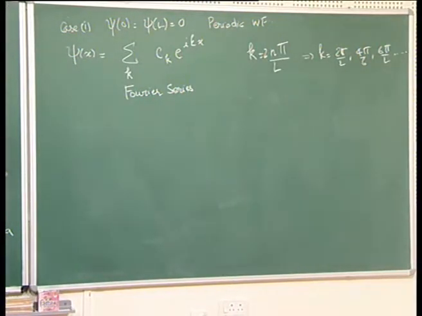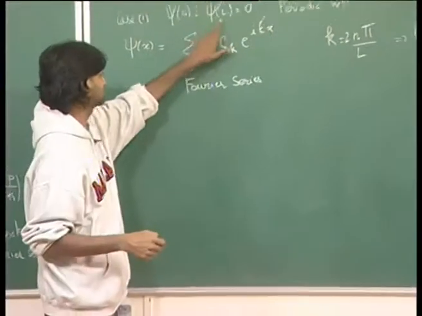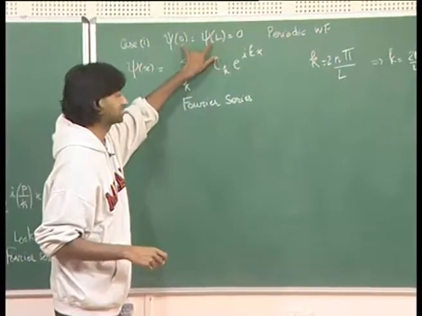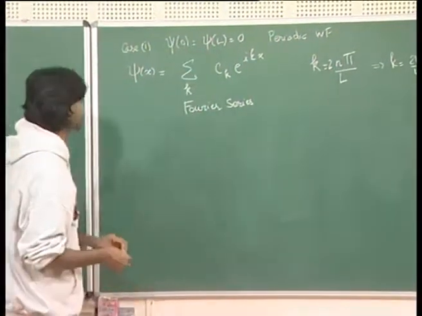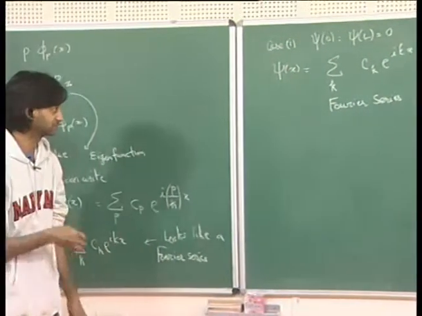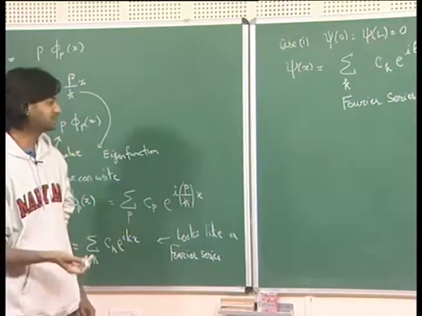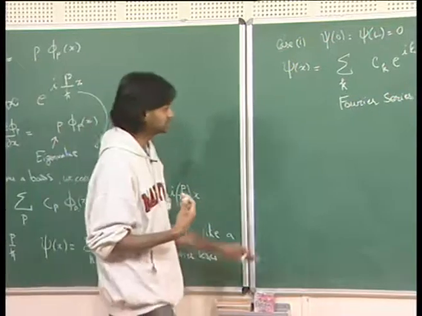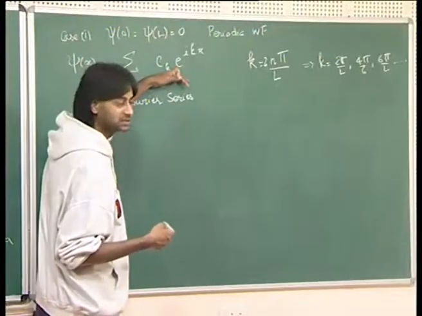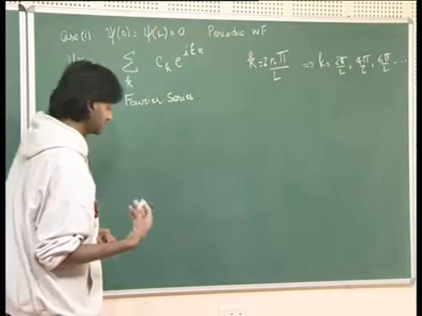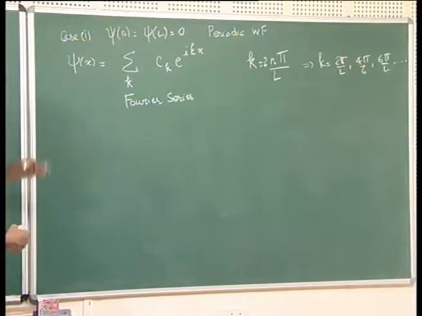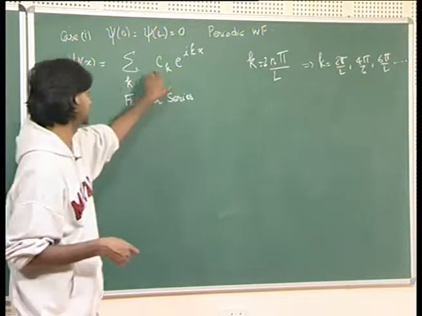Okay. So, if you have a system with such conditions, so that it is confined to some length, then you can expand your wave function as a Fourier series. This is very common in one dimensional problems where you do not have any potential, then you would often represent it by a travelling wave.